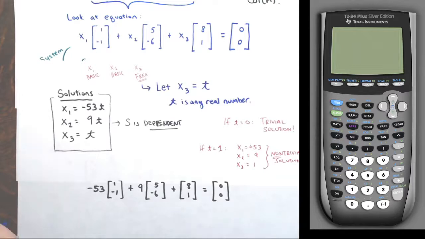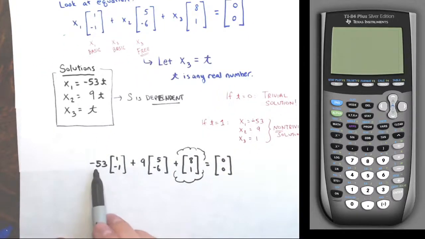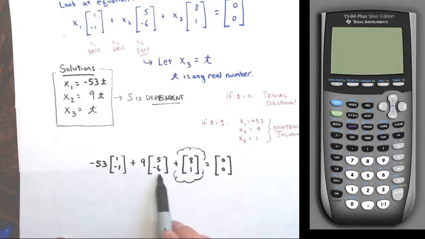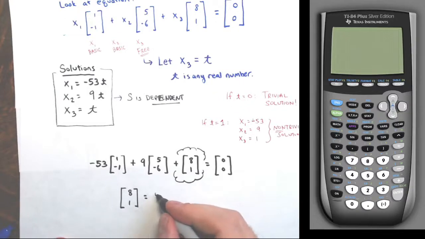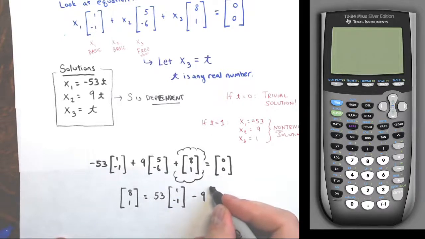Because you could take this equation I've written down here and solve for one of these vectors. Say I solve for the vector 8, 1 here. Say I wanted to get that alone. All I would do is add this and subtract this, and we'd see that 8, 1 would be equal to 53 times 1, negative 1, and then minus 9 times 5, negative 6.